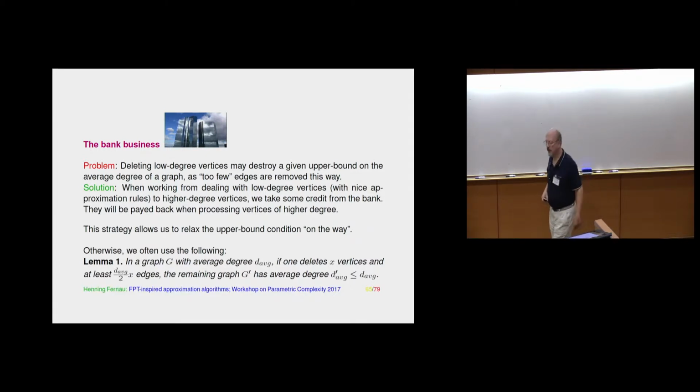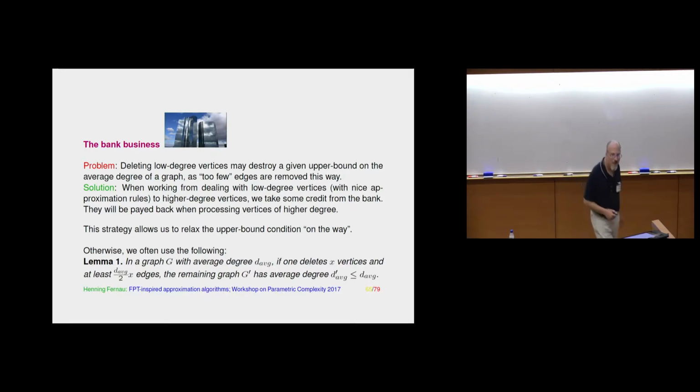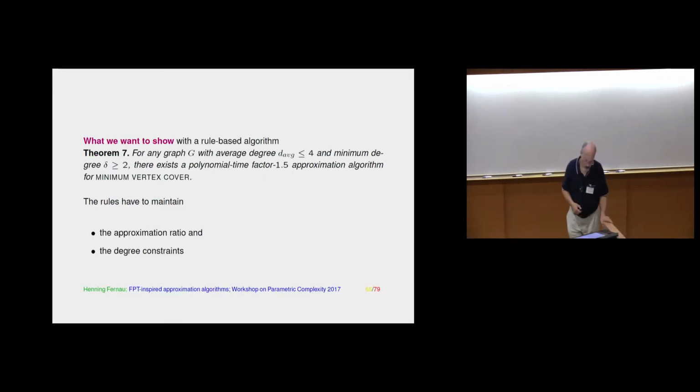What does it mean in my case? Well, what's my case actually? I never told you. I will tell you now. I want to deal with graphs of average degree at most 4, and also I want to have a minimum degree of at least 2. So my original graph wouldn't fit into this.